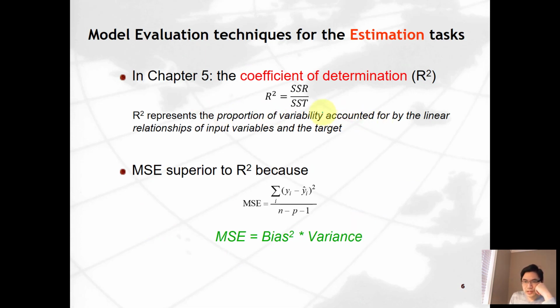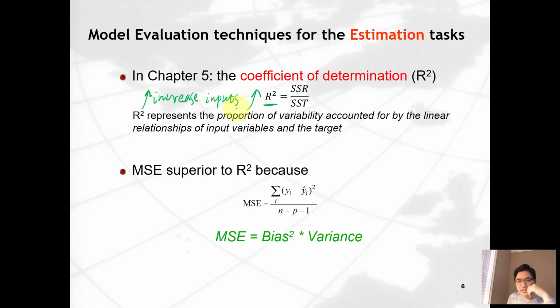Okay, a special note here, because multiple regression is particularly well suited for estimation tasks. In regression, the R squared, its scientific term is coefficient of determination. R squared by itself is not a very good measure or criterion for selecting the best model, because R squared will tend to increase if you keep adding input variables.